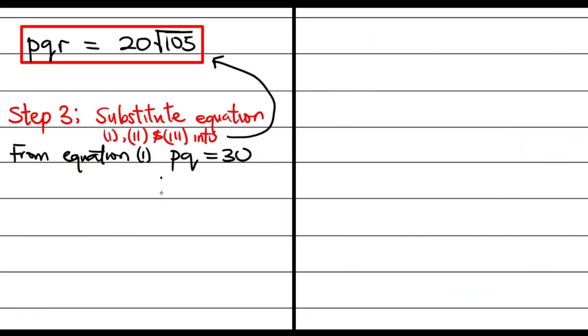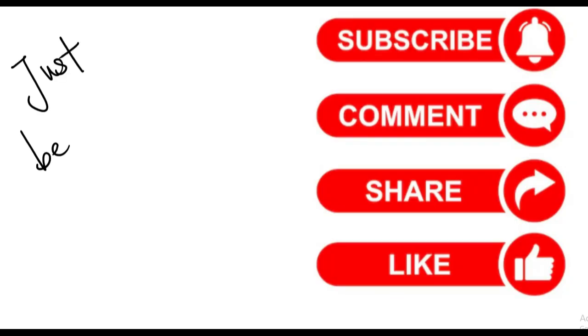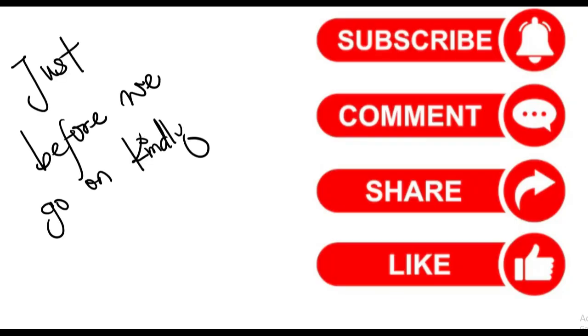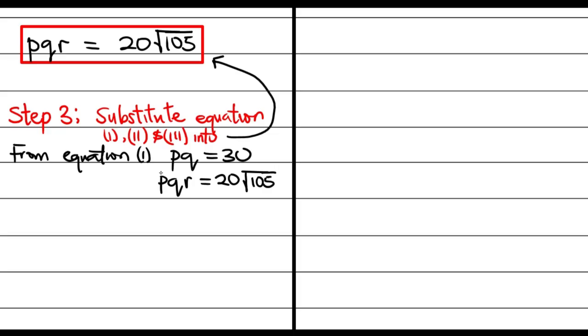And at the same time, we can see that PQR is just equal to 20 root of 105. Meaning that the PQR that we have here is just the same thing as 30, because PQ is equal to 30. So we are saying 30, that is PQ, then R is the same thing as 20 root of 105.